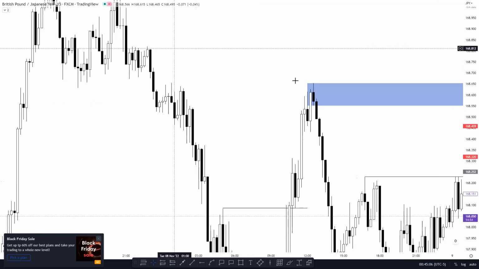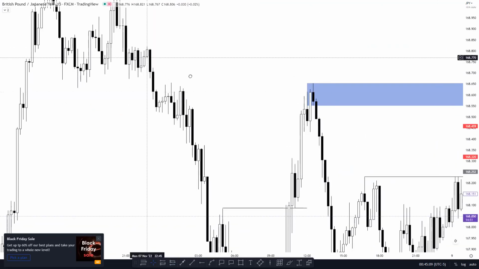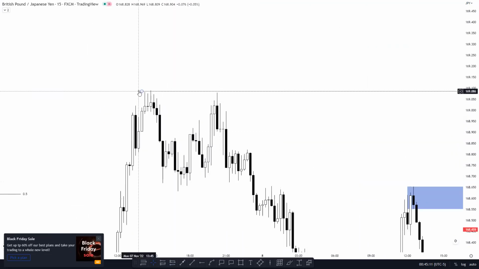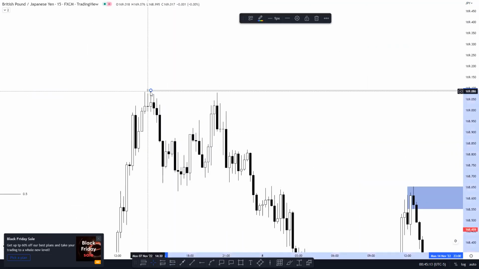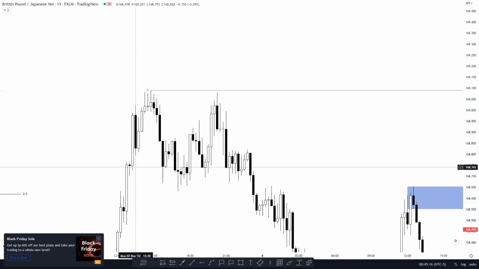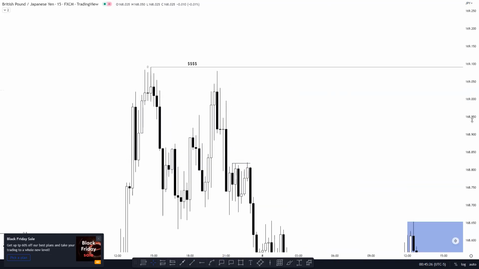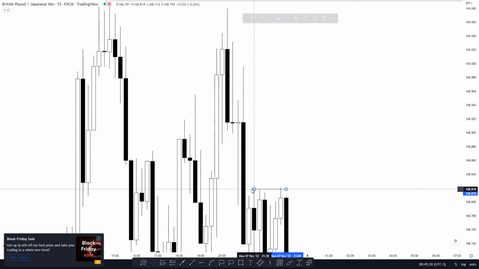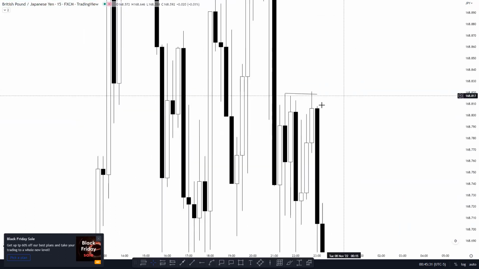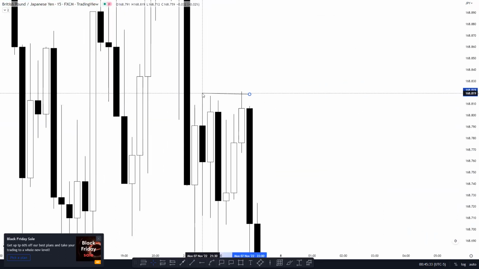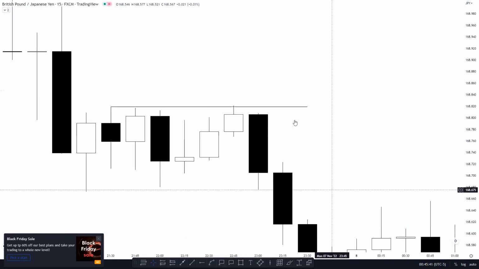And same, just above this high, we have this equal high, which is liquidity. But you see, this high has been taken out by this candle wick, right?